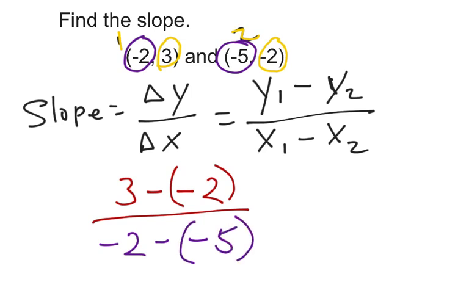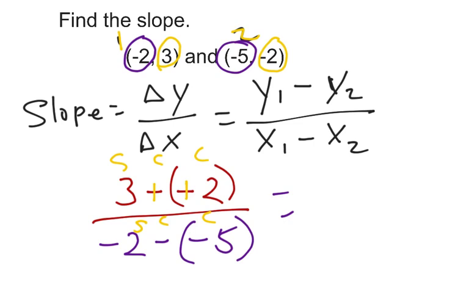I'm putting those parentheses there to just avoid confusion about subtracting negatives. So again, we remember our same change rules all the way back when we're subtracting negative numbers. Keep the first number the same, change the sign to its opposite, so in this case subtracting is going to be adding, and change the second sign to its opposite, so -2 is going to become +2. We're going to do the same thing on the bottom in just a minute.